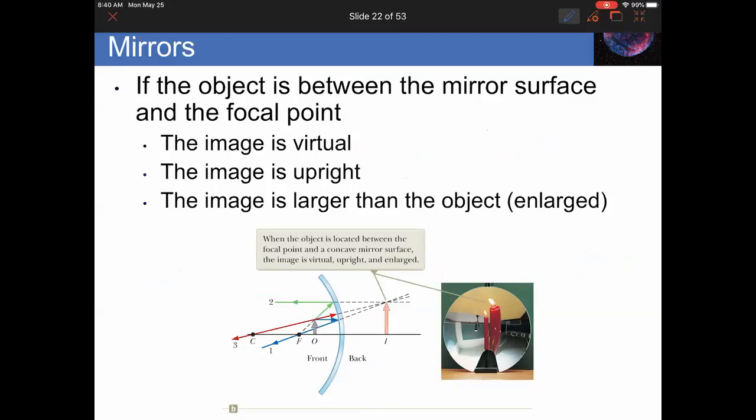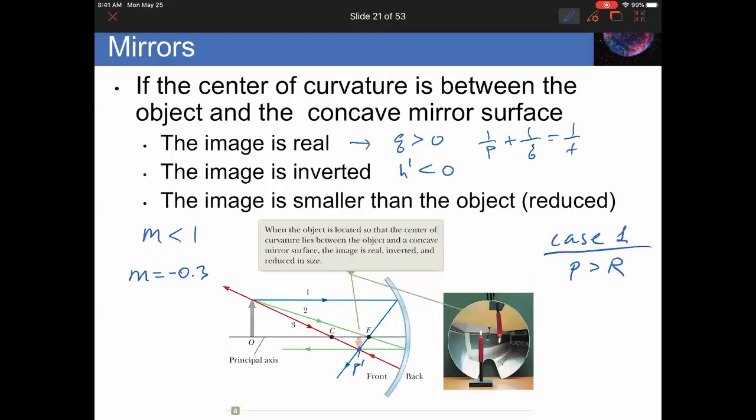One thing we can have here is, if you continue moving the object, so let's go back over here. If I continue moving the object toward the mirror, then the image will start increasing its size, and it's going to be real all the way until we reach the focal point.